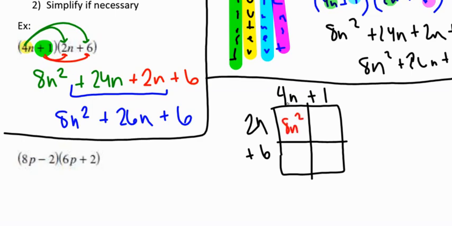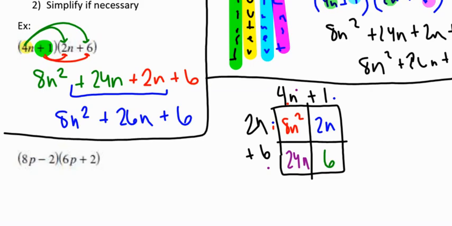It doesn't matter which order I go here, which is kind of nice. If I take this 2n times 1, I just get 2n. This bottom left-hand quarter, I have 4n times 6 is 24n. And my last box here in the lower right-hand corner is 6 times 1 is 6. So that really does help lay it out nicely.